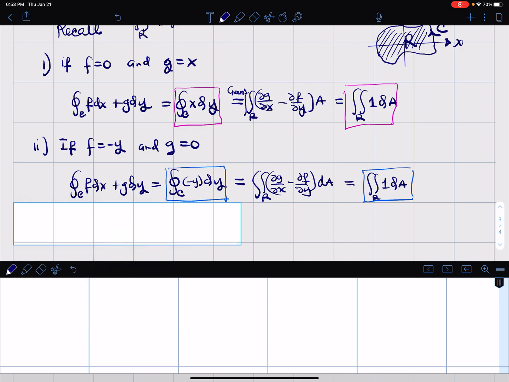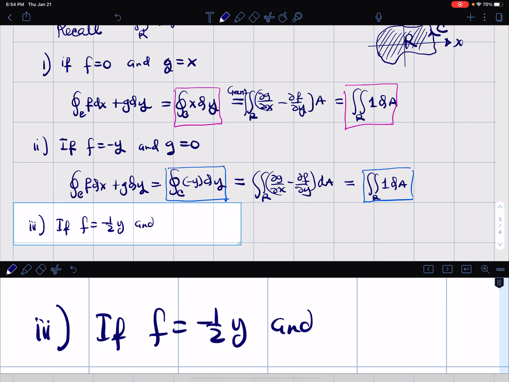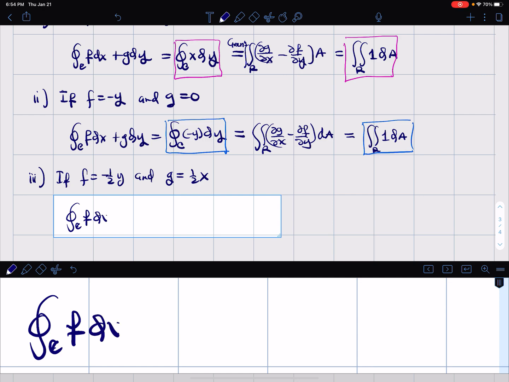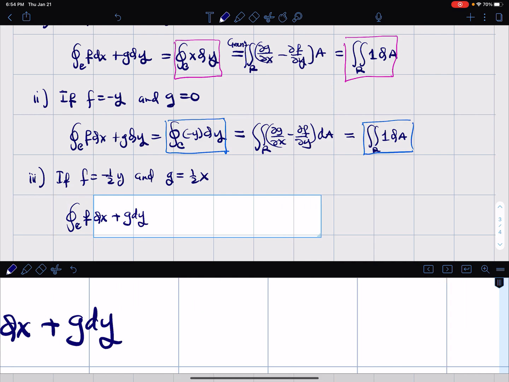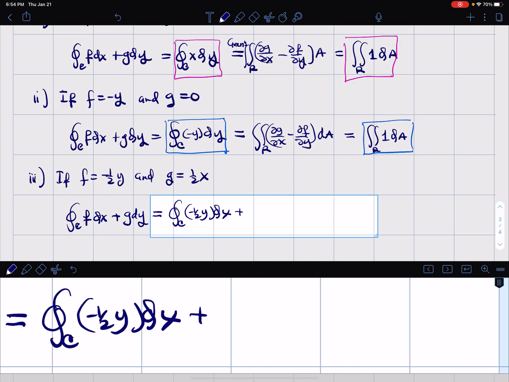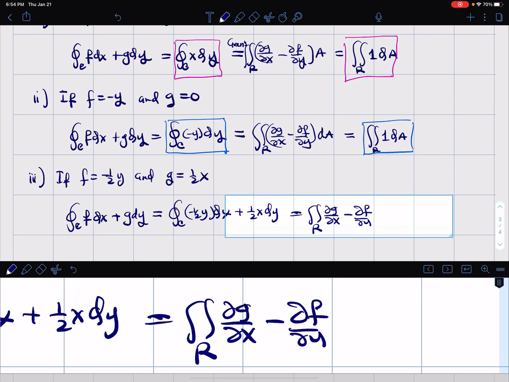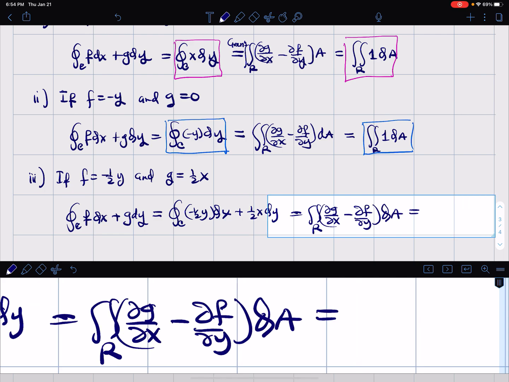The next scenario is if f is negative 1/2 y and g is equal to 1/2 x. Then again, the line integral of f dx plus g dy will just boil down to the integral of negative 1/2 y dx plus 1/2 x dy. And if you do the double integral over R of dg/dx minus df/dy dA, this will give you also 1 dA, which is the area.